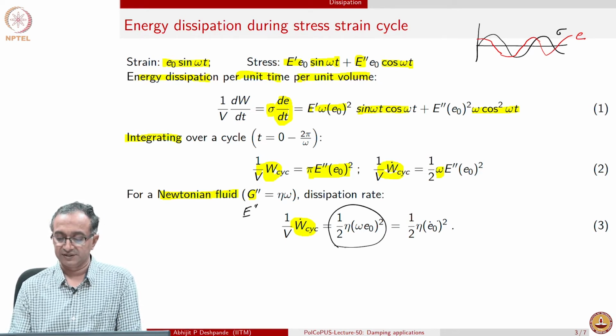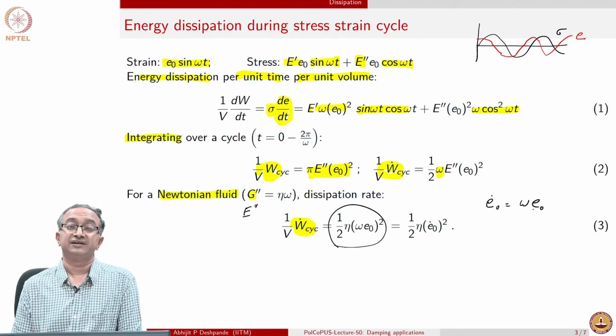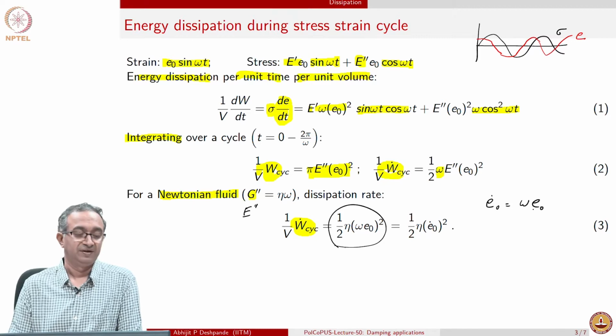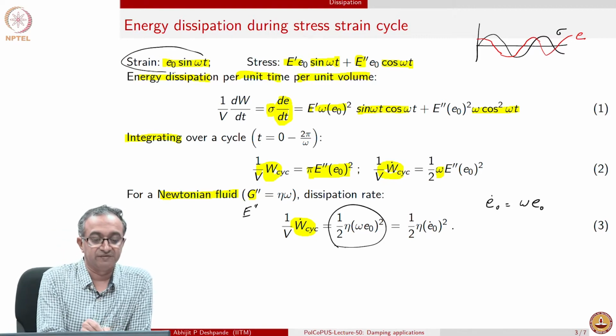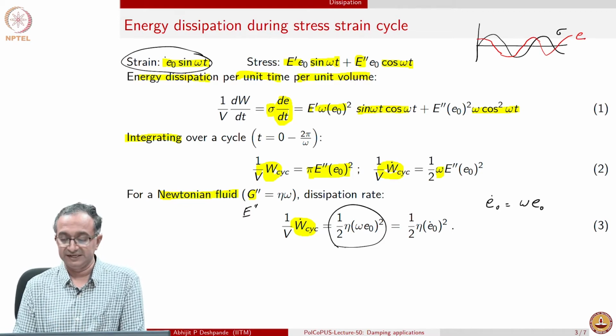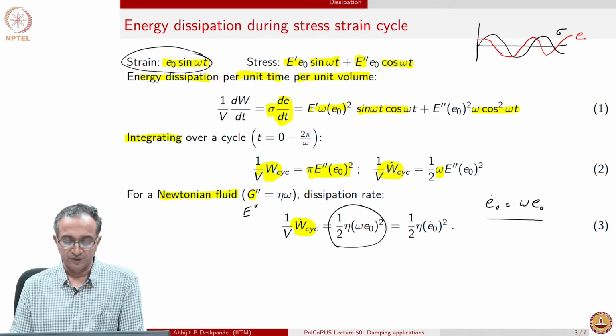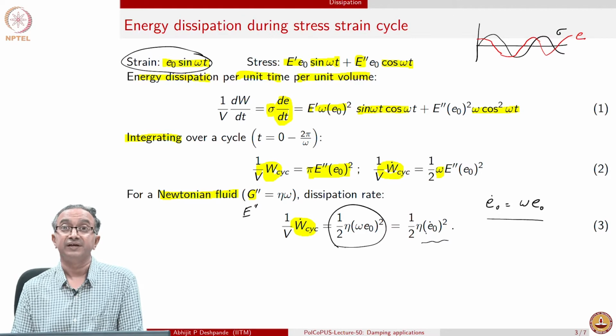And since we know that E dot naught is nothing but omega times E naught, strain and strain rate are related to each other through omega. You can just take a derivative of this with respect to time, and omega will come out, and you will get basically this relationship. And so, what we get is the amplitude in terms of E dot naught squared.